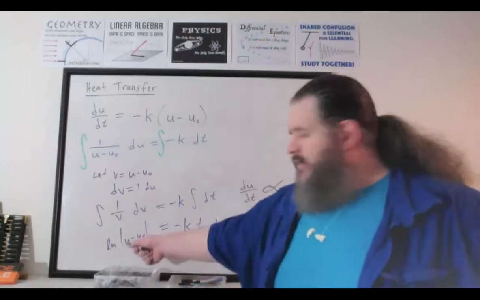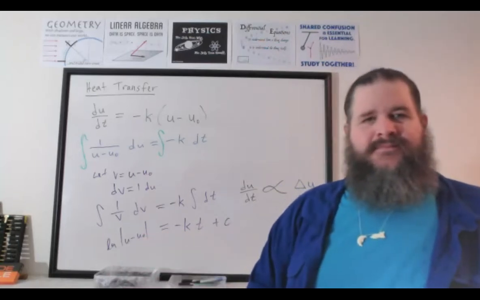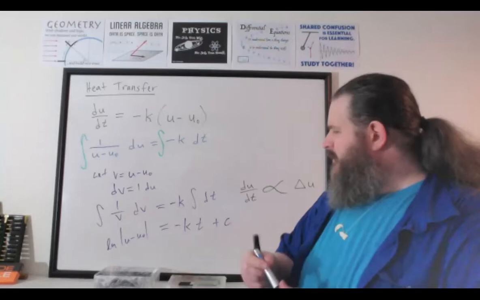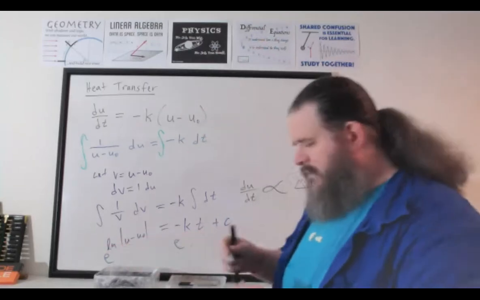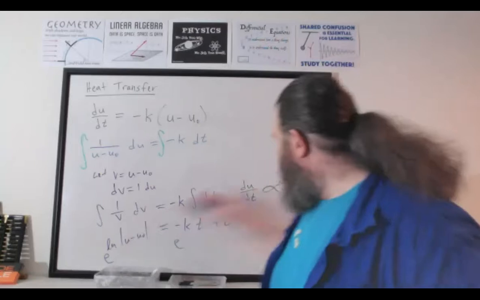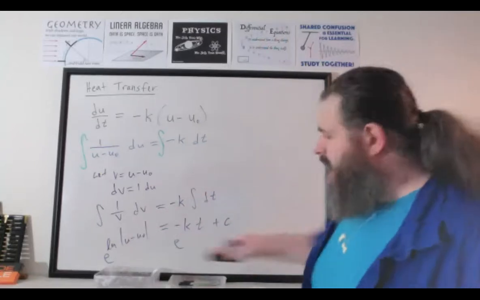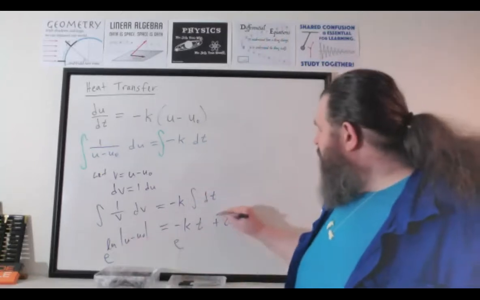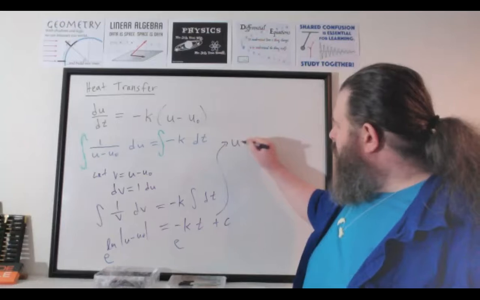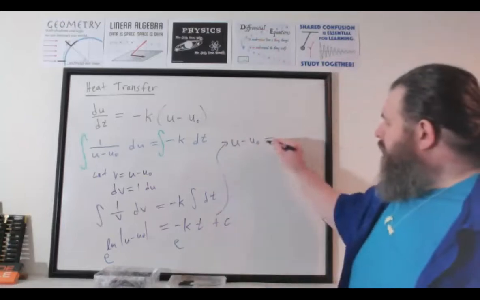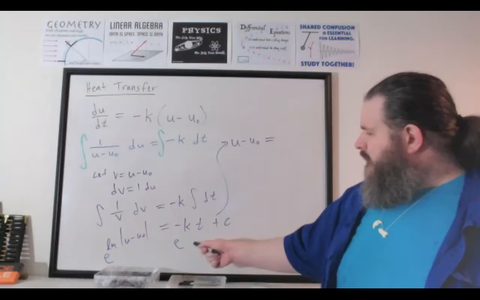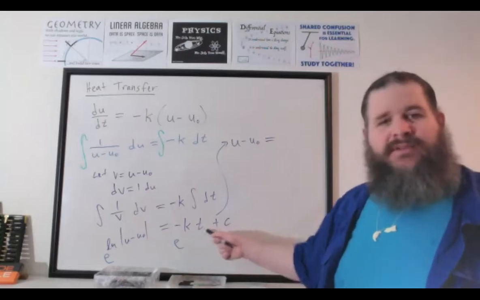And then what else would we need to do to isolate u here? You take the e of both sides. Yeah, or I would say exponentiate both sides, raise e to the power of both sides. Right. And then on the left side, exponential and logarithmic functions cancel out. So we get just u minus the surrounding temperature u naught equals, and then over here, we've got e to the power of something plus something.